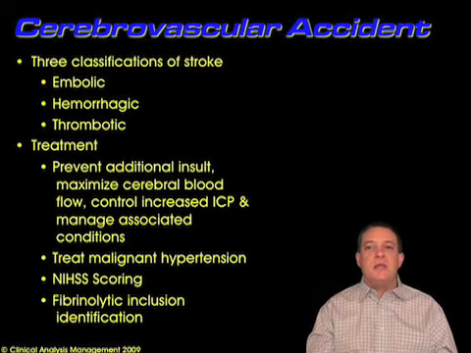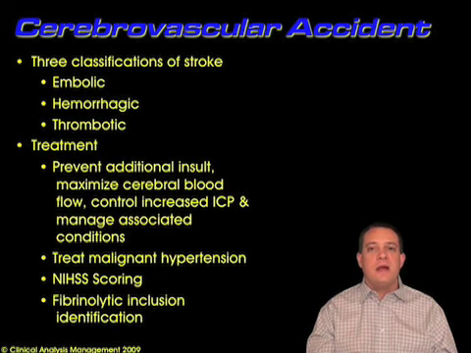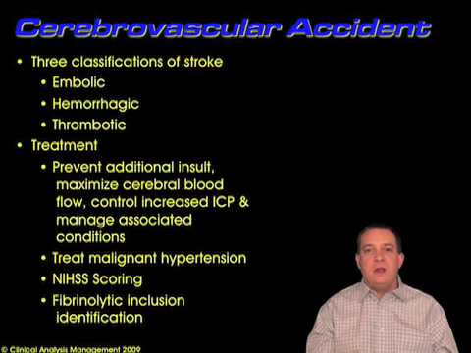Now, if the patient has malignant hypertension, the consensus in the literature as it stands now is usually if the patient has a systolic blood pressure greater than about 180 over a diastolic blood pressure greater than 110, we should consider lowering that some with vasodilators.